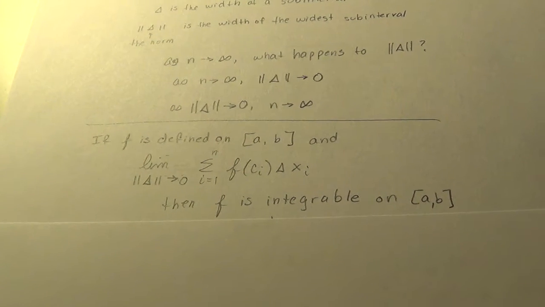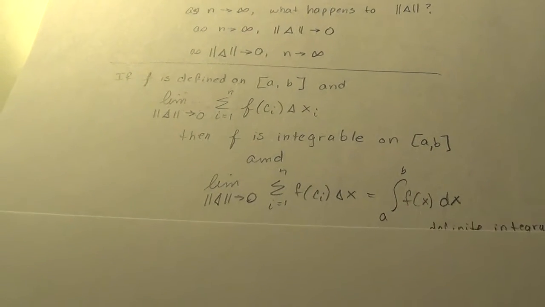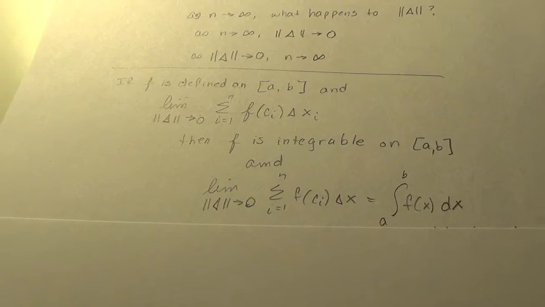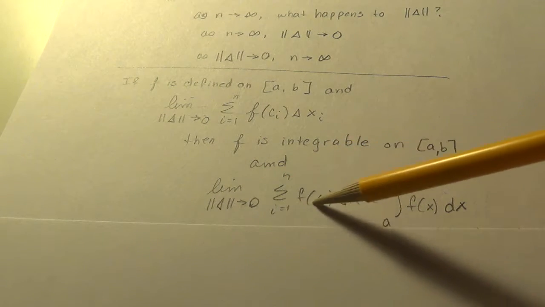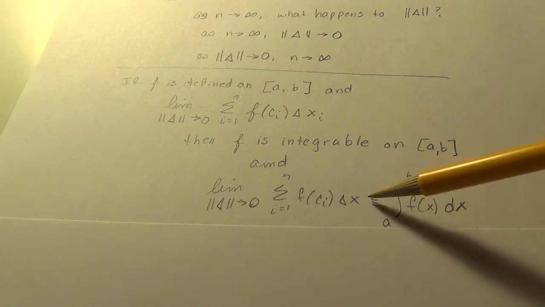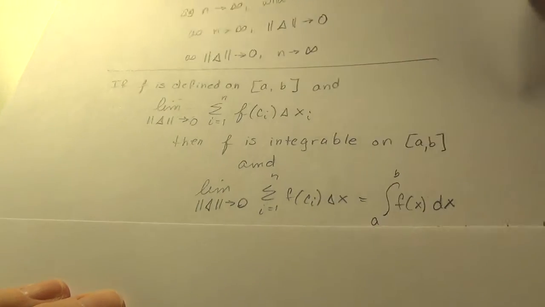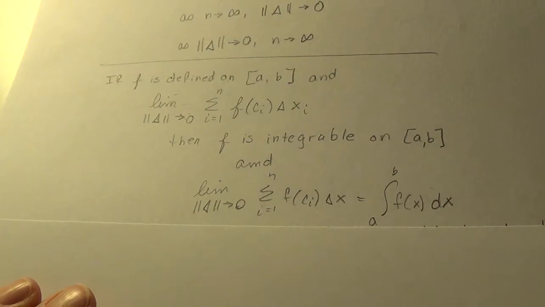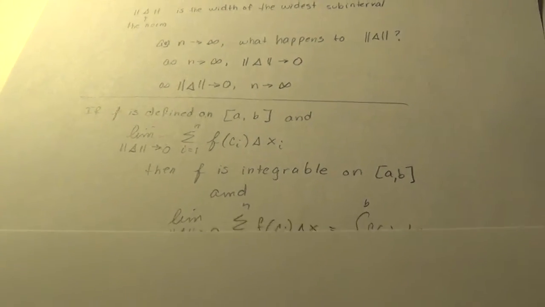In other words, you can take the integral of it, and we have now learned the fundamental theorem that this limit, as the norm goes to 0, we have more and more subintervals until we have an infinite number. It's the same as the definite integral. And we brought that to light on our last video, and we even defined how to calculate that.